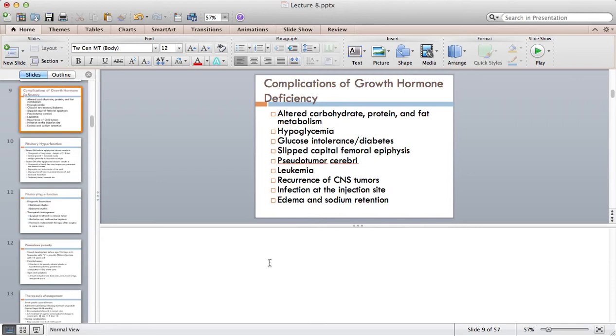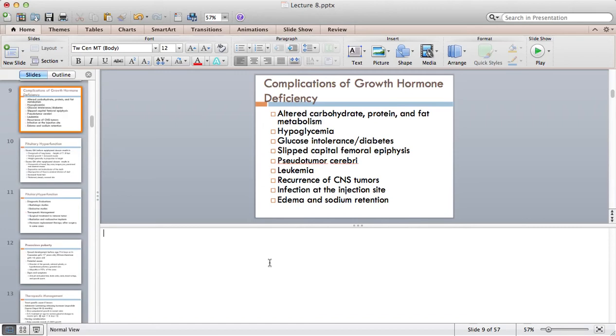Some of the complications that can happen with growth hormone deficiency would be alteration in carbohydrate, protein, and fat metabolism. Remember, we said the glands produce hormones which aid in the development of the body, so when there is a deficiency, you're looking at failure to thrive.